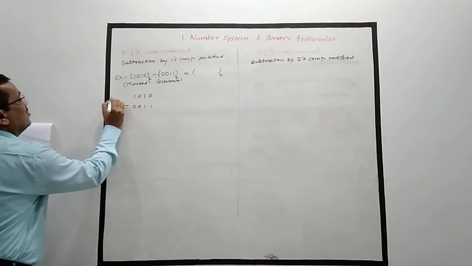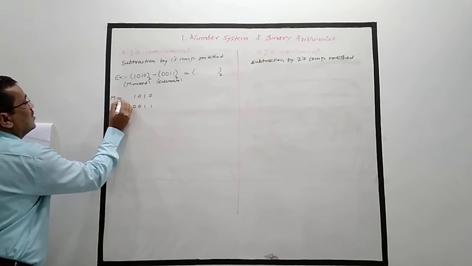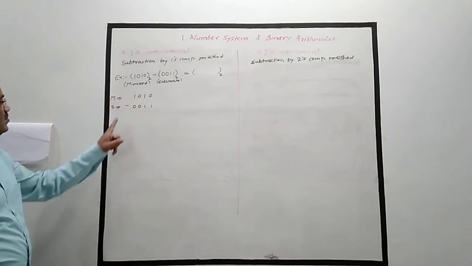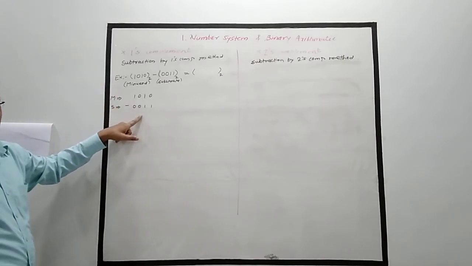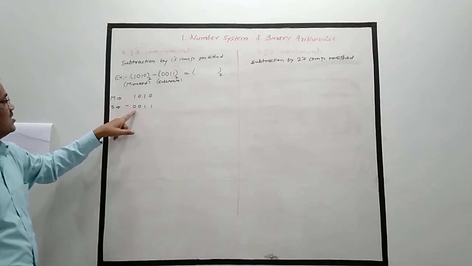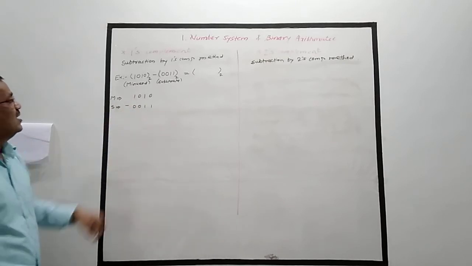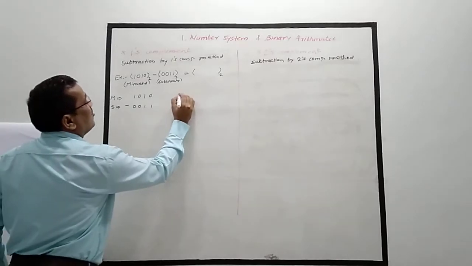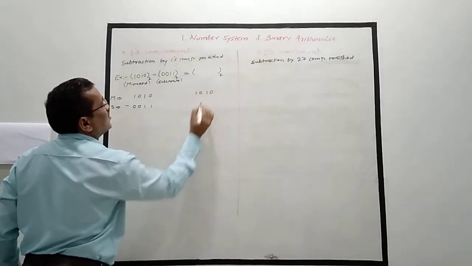This is the minuend and this is the subtrahend. Instead of doing the subtraction, we convert this subtraction into addition. The minuend we write as it is, 1010.